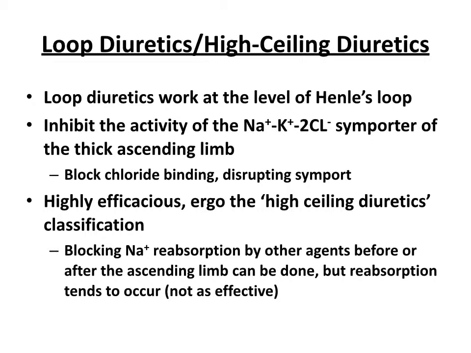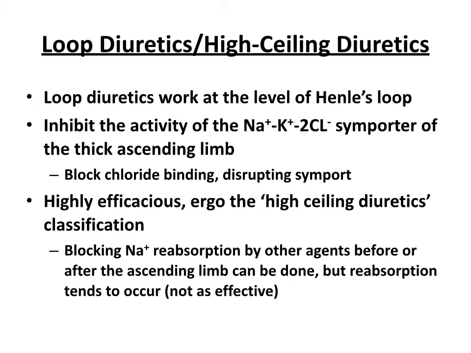More specifically, they're going to block chloride binding to this symporter. Essentially it messes up how it works, and so sodium, chloride, etc. are not going to be reabsorbed like they normally would. These guys work well, almost too well, really. That's why they're called high ceiling diuretics.